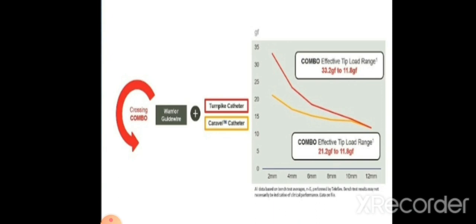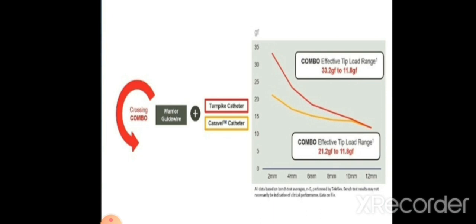At that time, the guide wire has its own tip load, which is about 11.8 gram force. If you start going toward the distal tip of the guide wire by a distance of 2 mm, you will have an increase in the effective tip load, which may reach up to about 33 gram force for the Turnpike catheter and 21.2 gram force for the Caravel catheter.